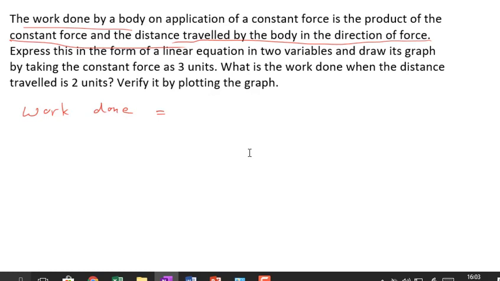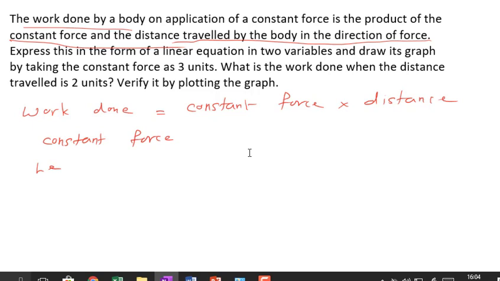So work done is constant force into distance. Express this in the form of a linear equation in two variables and draw its graph by taking the constant force as 3. So constant force we have to take 3. Let constant force be 3.